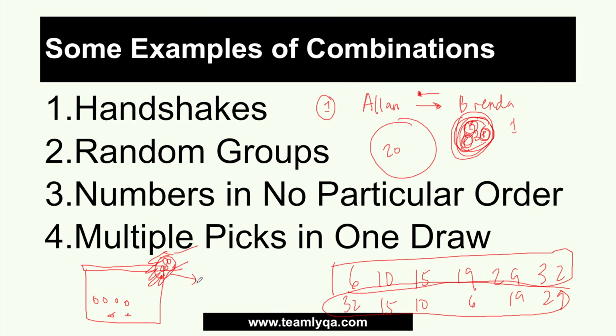Dahil isang dakot mo lang silang ginamit, combination din yan. Iba yan sa kung kunyari, bawat isang bunot mo ay isang bola lang ang pinipili mo. Kasi in that case, kung tigit-tig isang bola lang ang pinipili mo, then pasok ka pa rin sa permutation or permutation with condition.